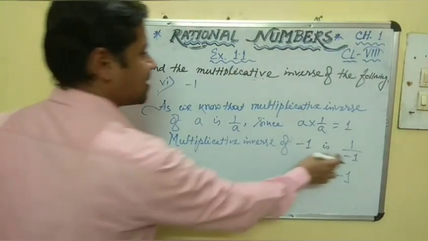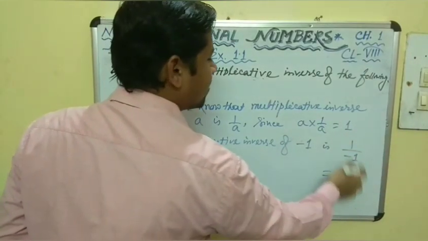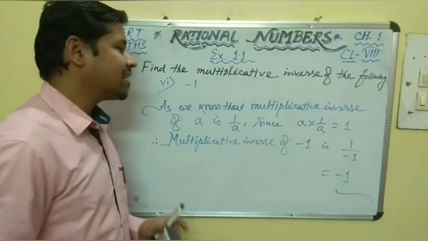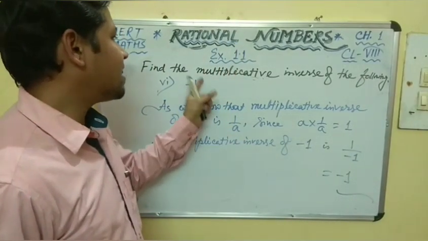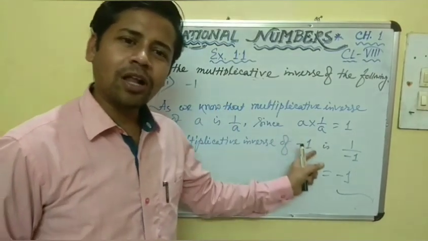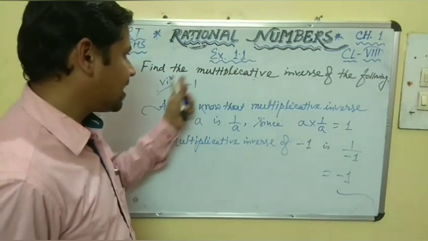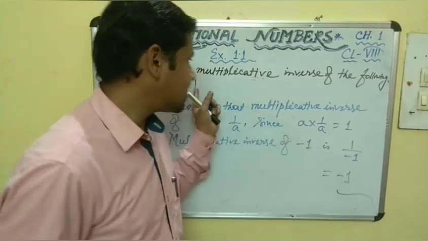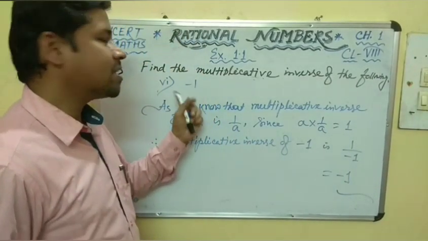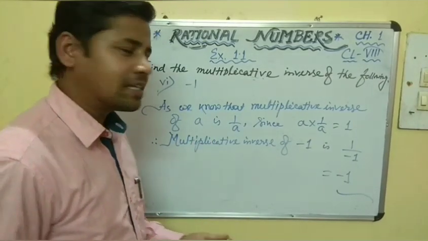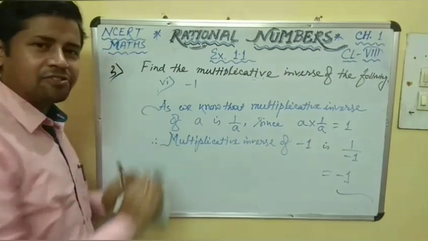Very important: this one is a rational number, but its reciprocal or multiplicative inverse are both the same, that is, unchanged here. The multiplicative inverse of minus 1 is minus 1, also in the case of 1. So question number 3 is completed.